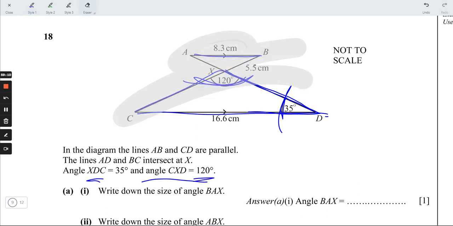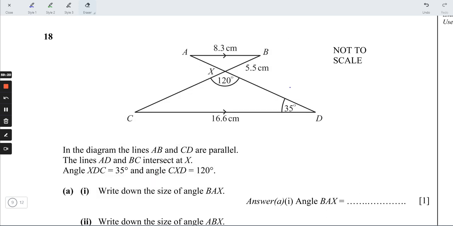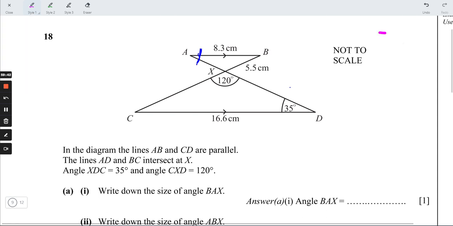Okay, fine. So now, important in this diagram, two parallel lines, so you have to be able to recall your information about angles in parallel lines. Write down the size of angle BAX, this angle here. To find out the angle here, it's easy because it's angles on parallel lines. That means I can use the Z shape or F shape to find the angles.